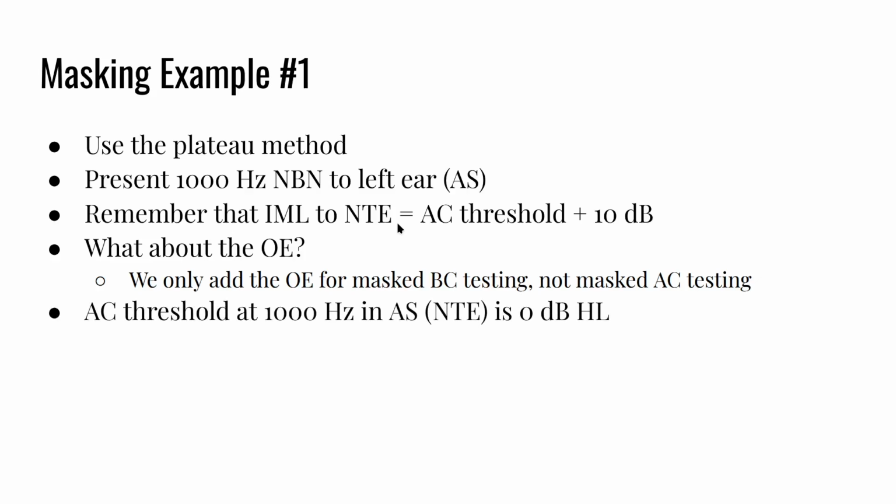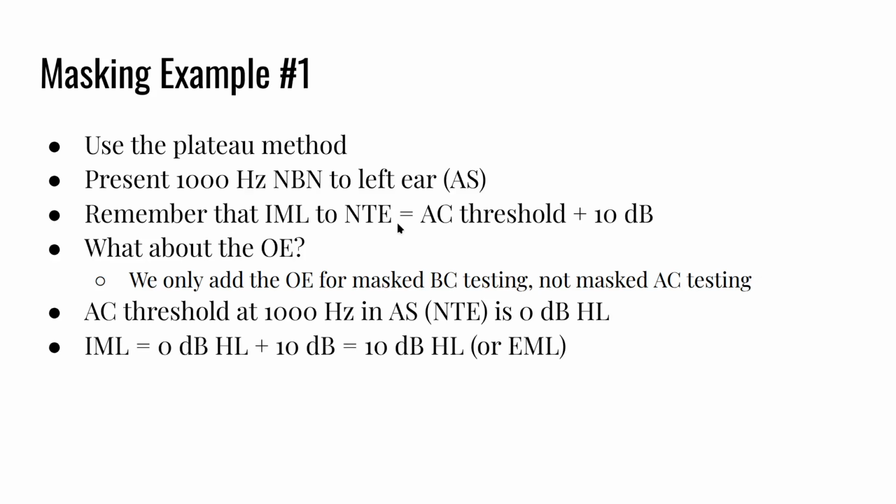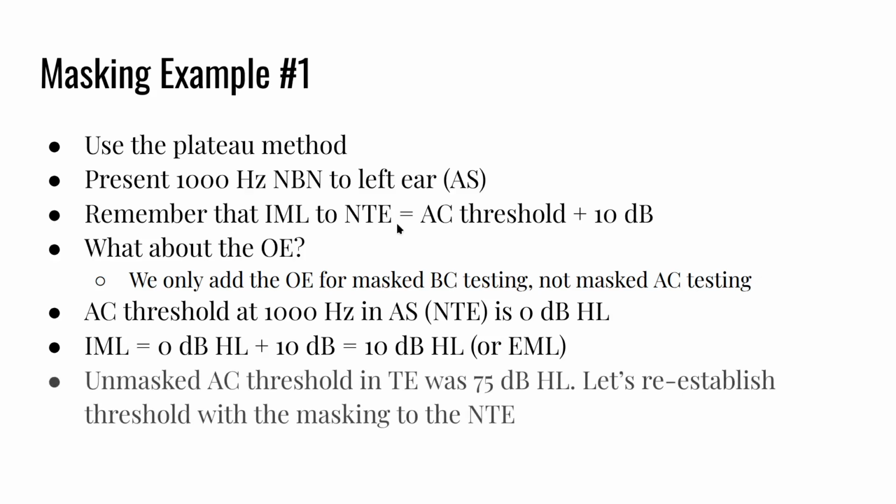So air conduction at 1000 Hz in the left ear, non-test ear, is 0 dBHL, which means our initial masking level is 0 dBHL plus 10 dB, which is 10 dB EML. Unmasked air conduction threshold in the test ear was 75 dBHL, so you reestablish threshold with the masker applied to the non-test ear.